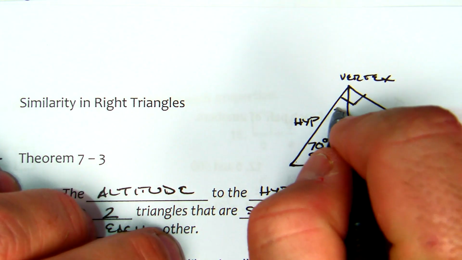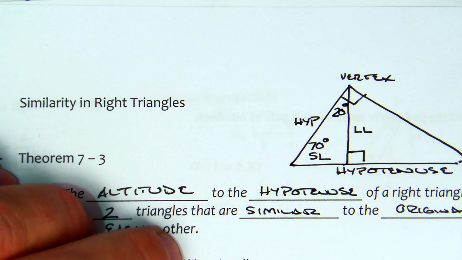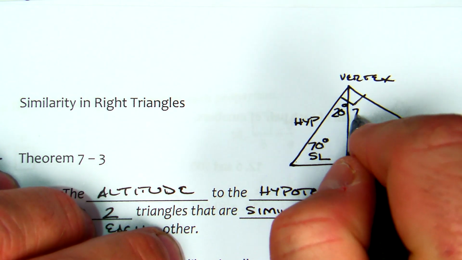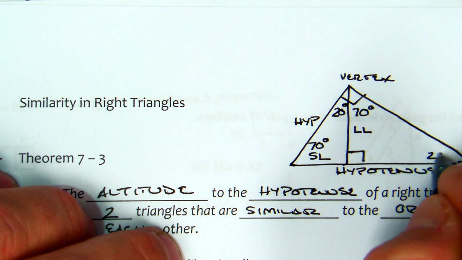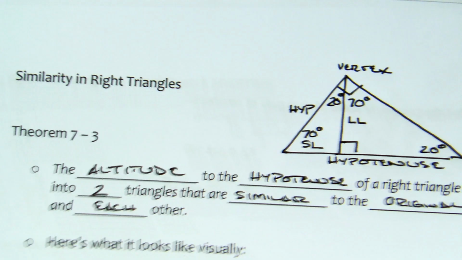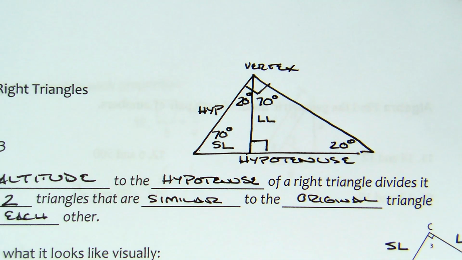That means this one is 20 degrees by the angle sum of a triangle, correct? This one is 70 degrees. This one is 20 degrees, and it allows you to match up the congruent angles the same way. Okay? Make sense? So it'll work.